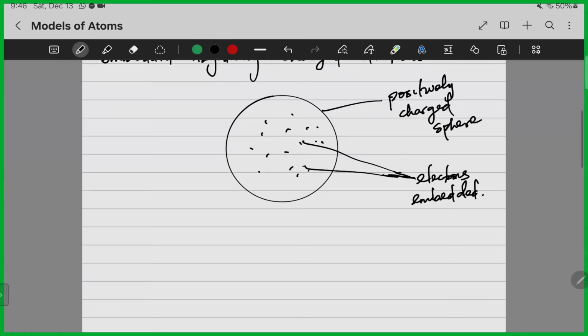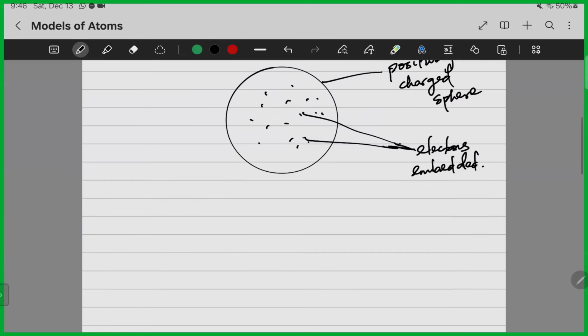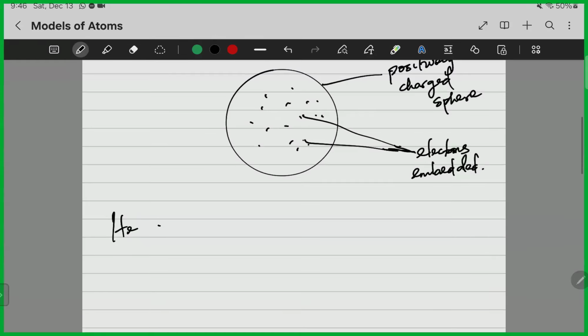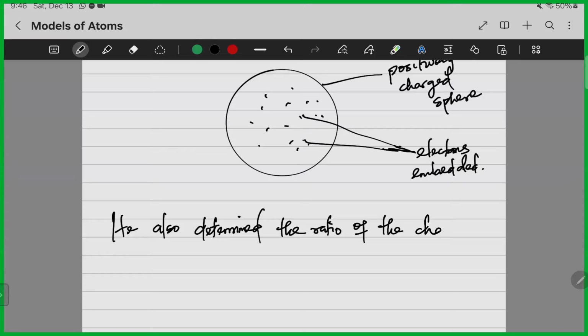Electrons embedded. It's good to mention that Thomson also determined the ratio of the charge to mass, that is the charge to mass of electrons.